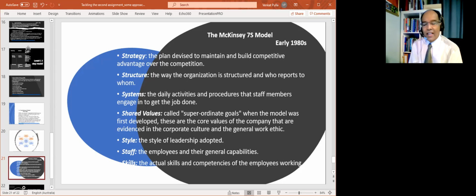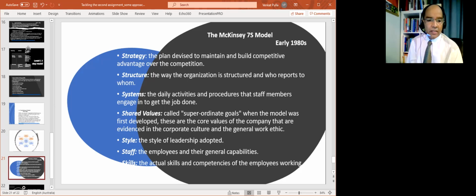Systems are the daily activities and procedures that staff members engage in to get the job done. Shared values are called superordinate goals. When the model was first developed, they say that these are also called core values, and that's what social workers are happy to call them. Wherever the word company is, substitute that with an HSO, that is evident in the corporate culture or in the organizational culture and the general work ethic.